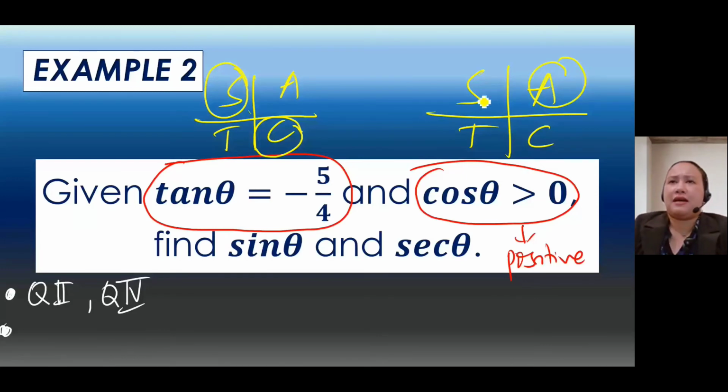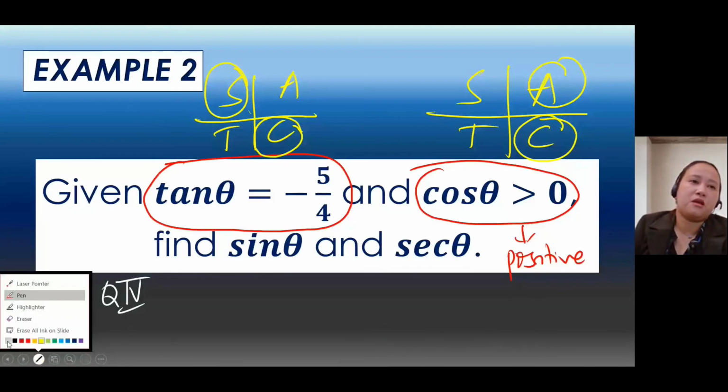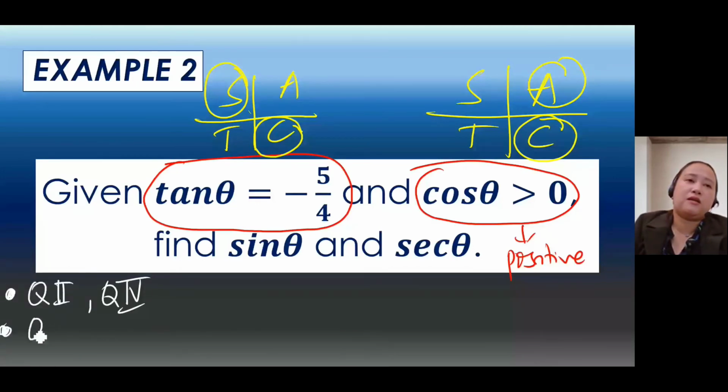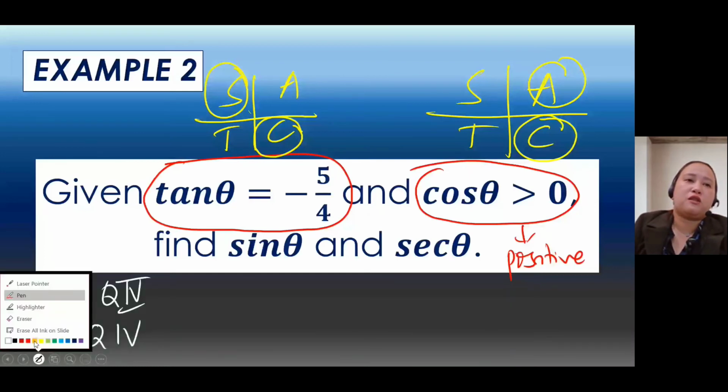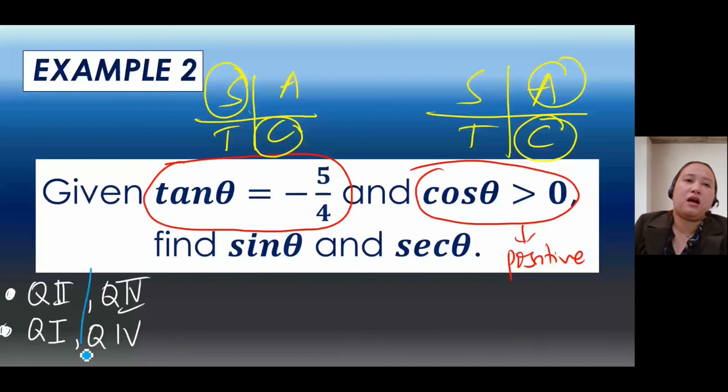Second, only sine is positive. No. Third, only tangent is positive, so it is no again. Then on the fourth quadrant, C, cosine is positive as well as its reciprocal. So we're going to encircle it. So it means that the quadrants are quadrants 1 and 4. So just determine the common quadrant. So we have quadrant 4.